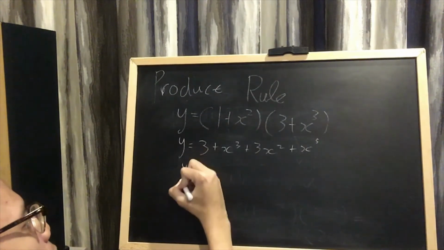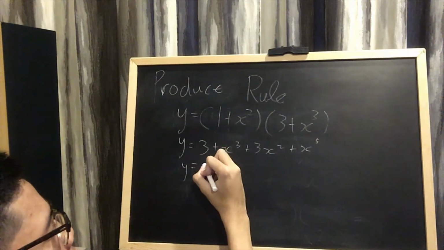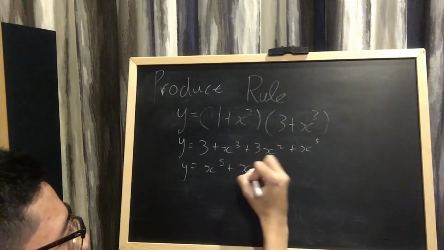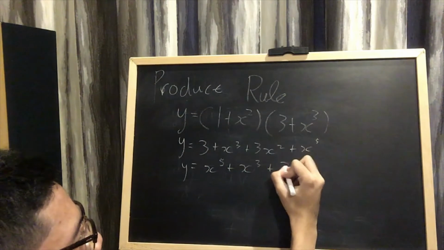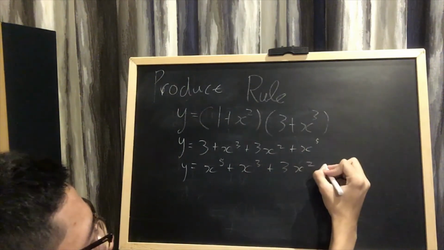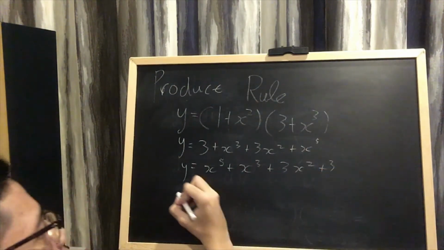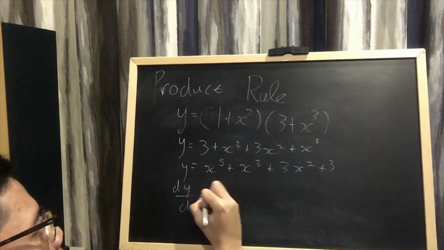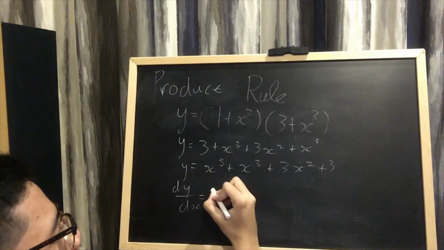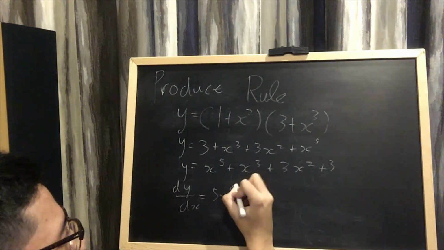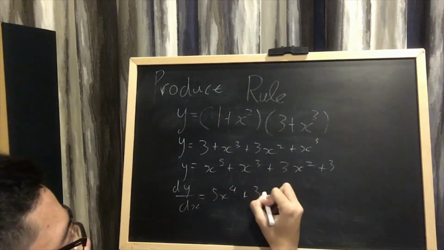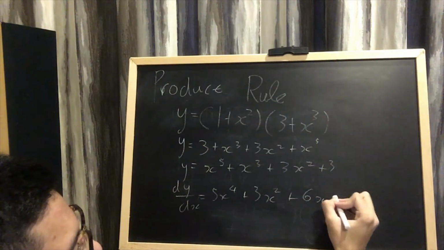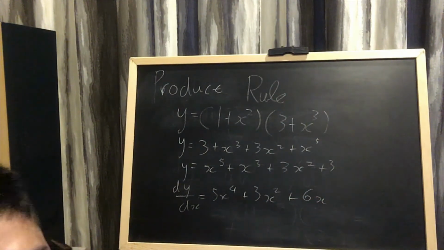Then that means y is now x to the power of 5 plus x cubed plus 3x squared plus 3. And then if I dy/dx it, I'm going to get 5x to the power of 4, 3x to the power of 2, 6x, and then that's it.